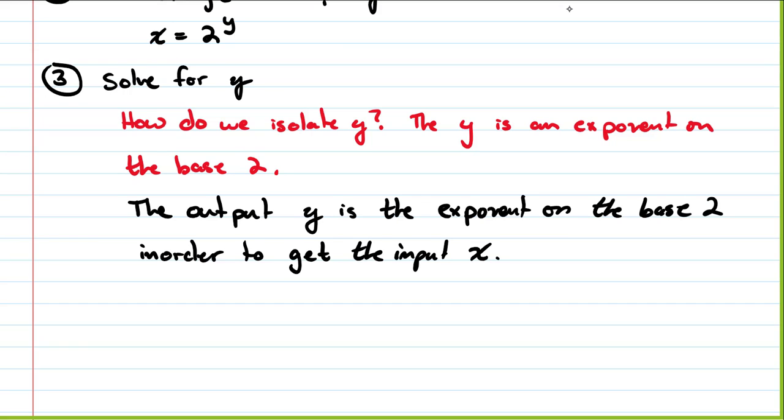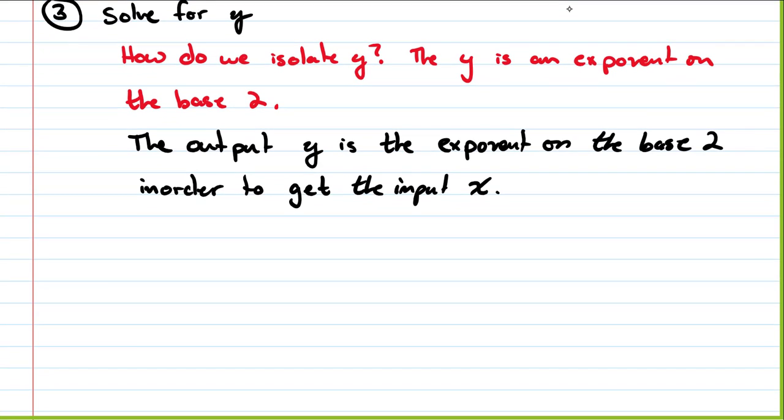So our output is the exponent on the base of 2 that we would need to use in order to have the input x. That's our verbal description of our inverse function.